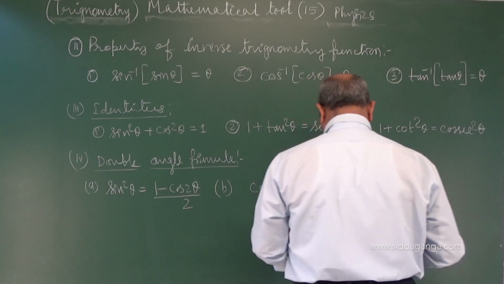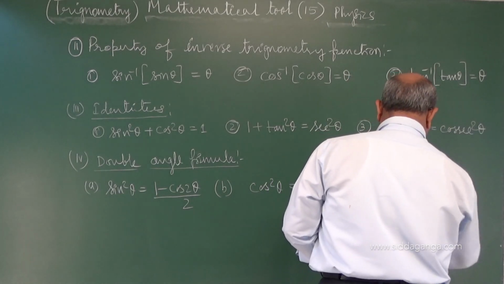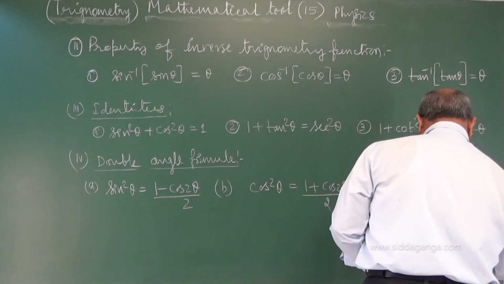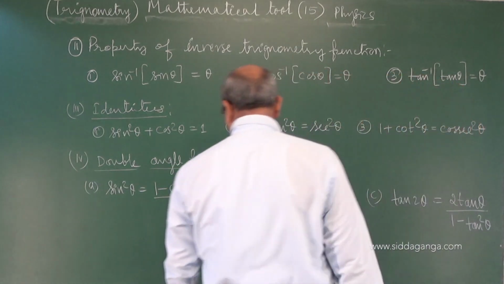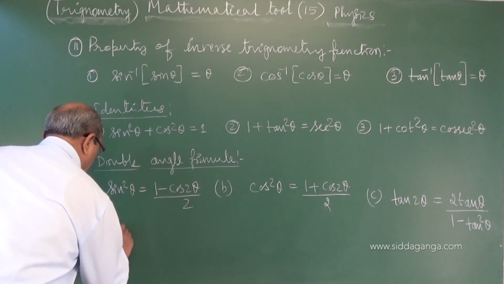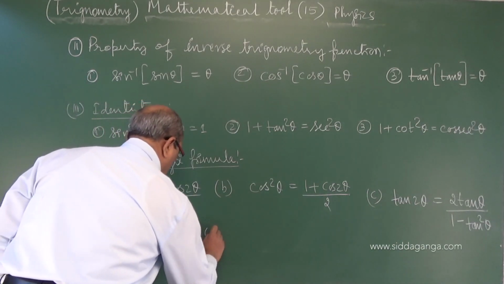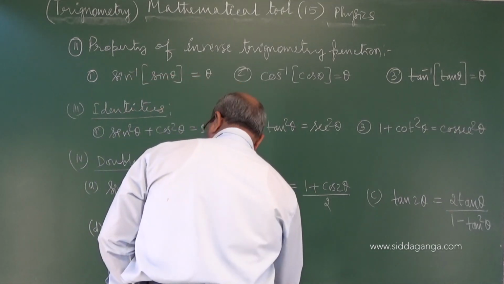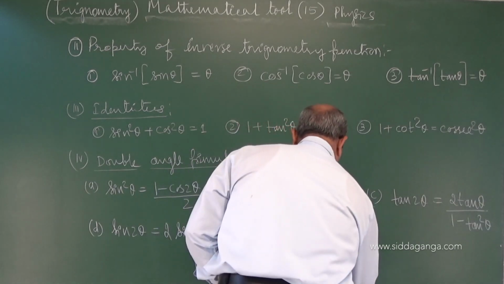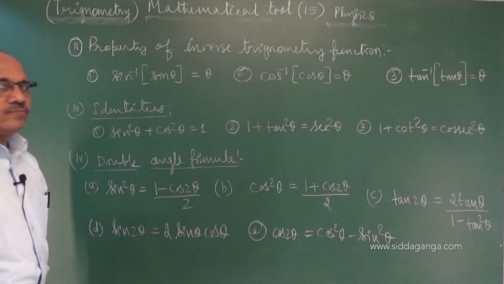And similarly C: tan 2 theta is equal to 2 tan theta by 1 minus tan square theta. And D: sin 2 theta can be written as 2 sin theta into cos theta. And E: cos 2 theta can be written as cos square theta minus sin square theta.